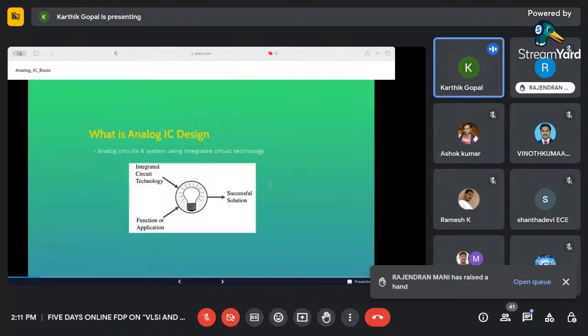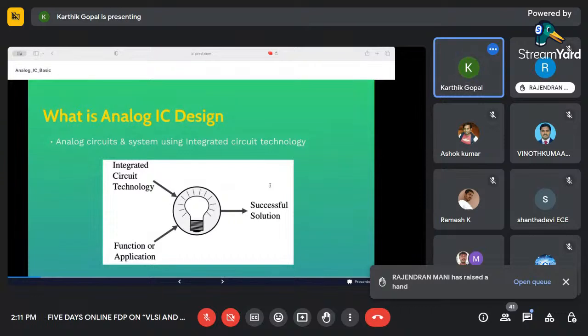So let me start with an introduction. What is analog IC design? It is the successful implementation of analog circuits and systems using IC technology. IC is integrated circuit technology, where we have multiple functions in one chipset. An example of a function is a clock generator.